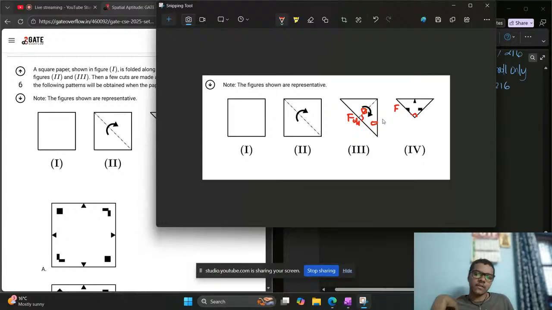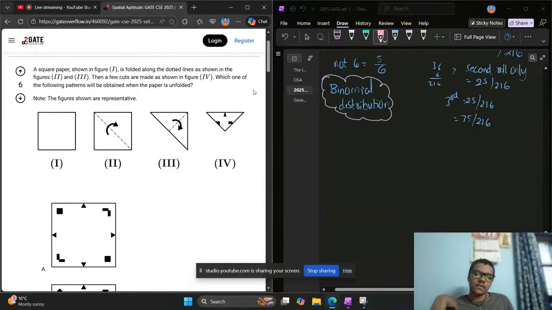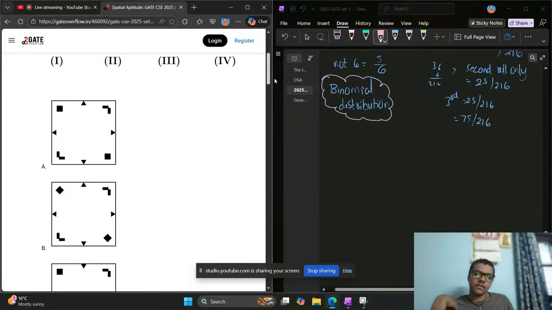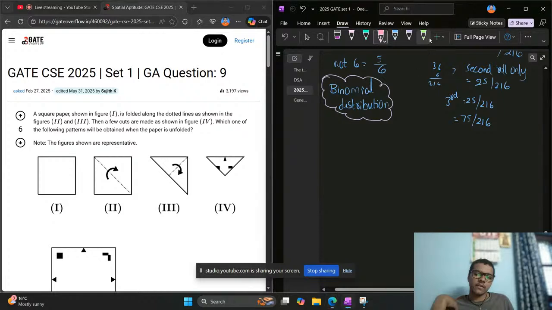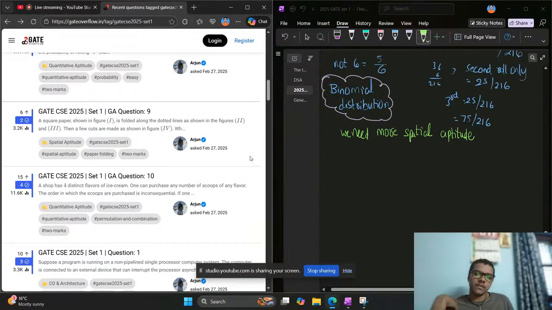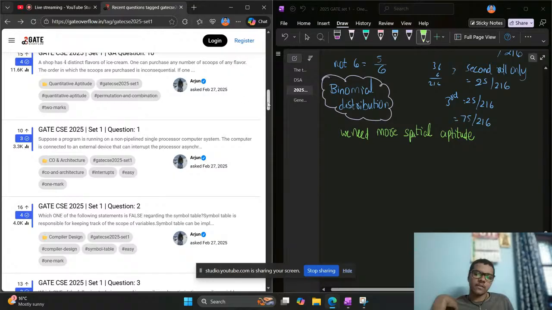I don't know, man. Okay, there will be two rectangles. That's good. Not alright. I think I'm making more analysis for this one. We need more spatial geometry. Spatial aptitude. We need more of that, that's for sure.